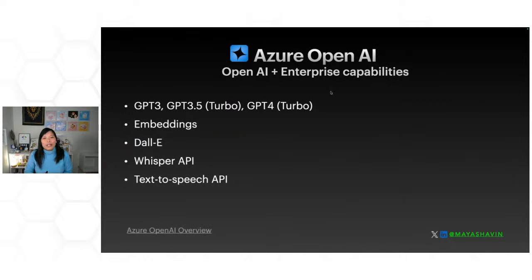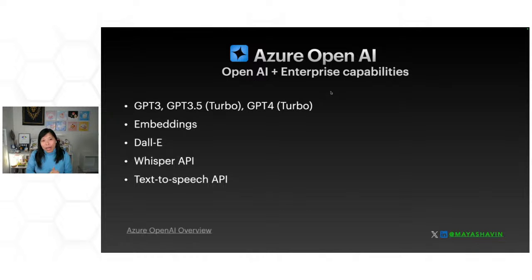Let's talk about Azure OpenAI. What exactly is Azure OpenAI? It is OpenAI with extra capabilities for enterprise, for example compliance, security, and so on, which extend OpenAI for industry requirements. So Azure OpenAI includes all the GPT models that OpenAI has.